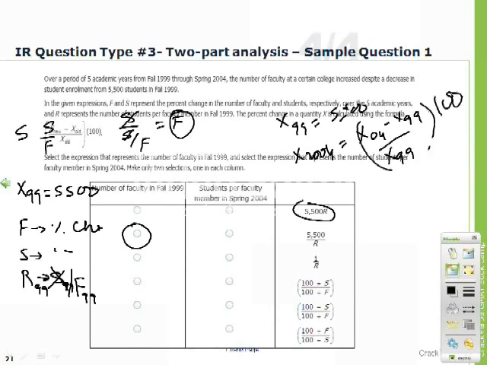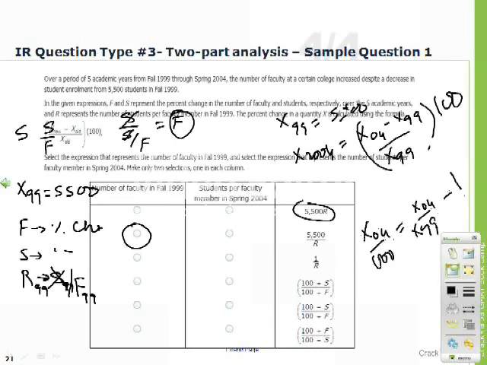So what do I find out? Let us find out X2004 in terms of X99. I get X04 by 100 is equal to X04 by X99 minus 1. So I have to find X04 in terms of X99.